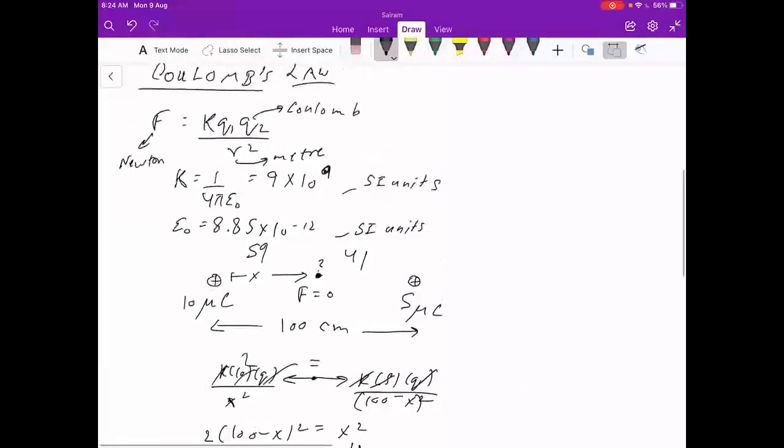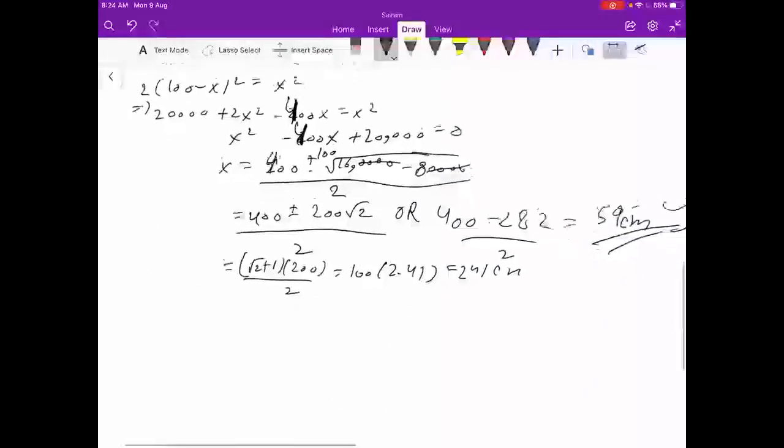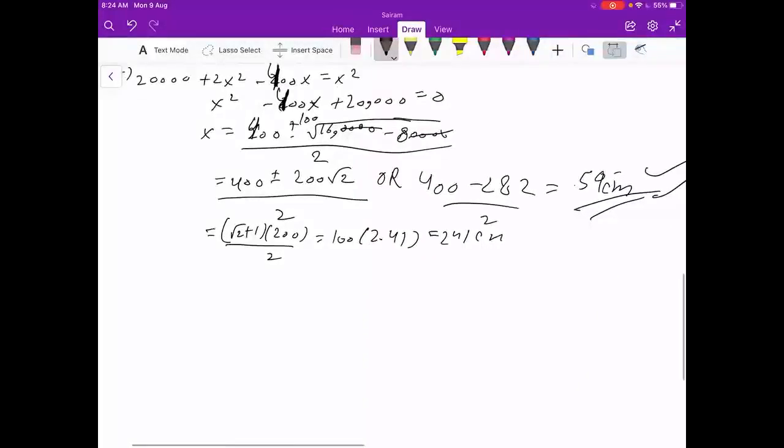So there is a 59-41 split here. Yes, sir. I had taken the distance between that point and the 5 microcoulomb charge as x, and I got 41. Wonderful.